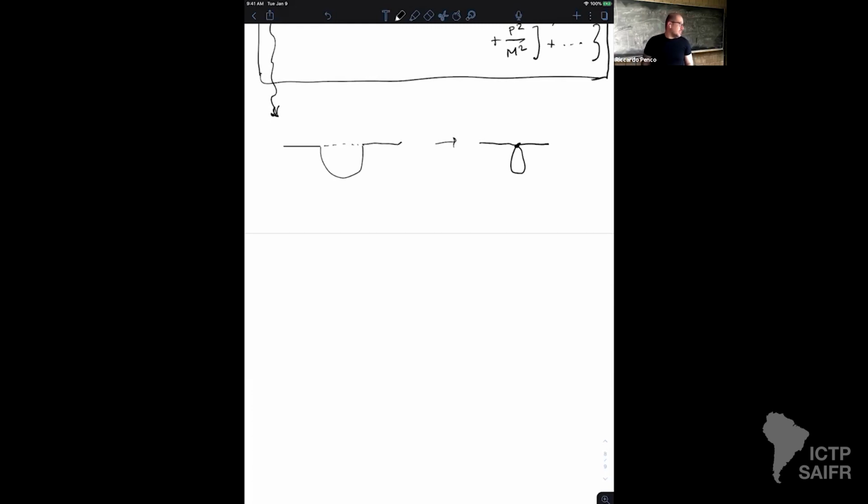I guess the answer is it depends on how this function is built, right? I try to emphasize that effective theories are a perturbative framework in the sense that observables are always calculated as an expansion, as a series in these expansion parameters.